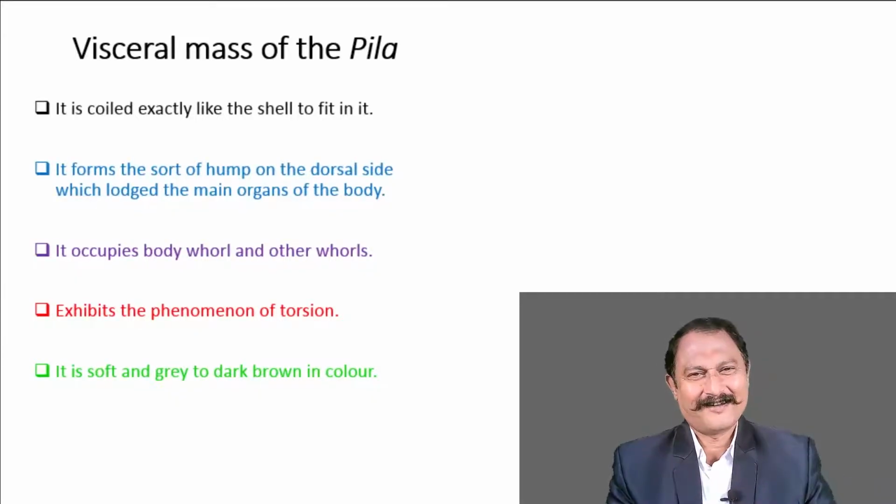It has a head and a tail-like portion, but during metamorphosis, torsion occurs. Torsion means what happens? The gastrula has the mouth and anus part in opposite directions.